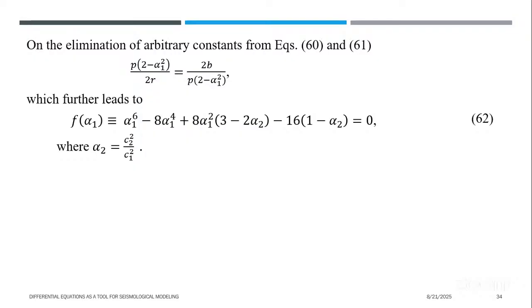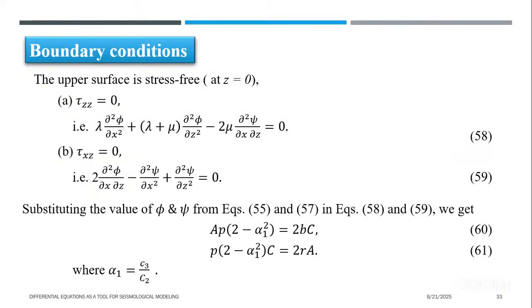What is our alpha 1 here? Alpha 1 is C3 by C2. C3 is the velocity of the Rayleigh wave, and C2 is simply the bulk shear wave velocity. The bulk shear wave velocity is less than the bulk dilatational wave velocity, which is the square root of lambda plus 2 mu by rho.